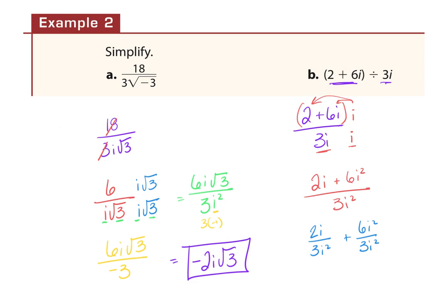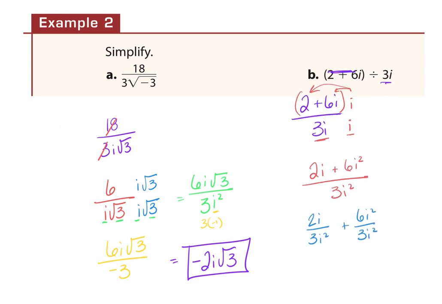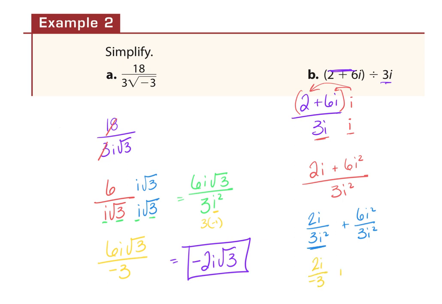If we have an i squared, we want to simplify it using our negative. And so I am going to rewrite this one as 2i over negative 3. So 2i over negative 3. And I am going to simplify the next one as negative 6 over negative 3.